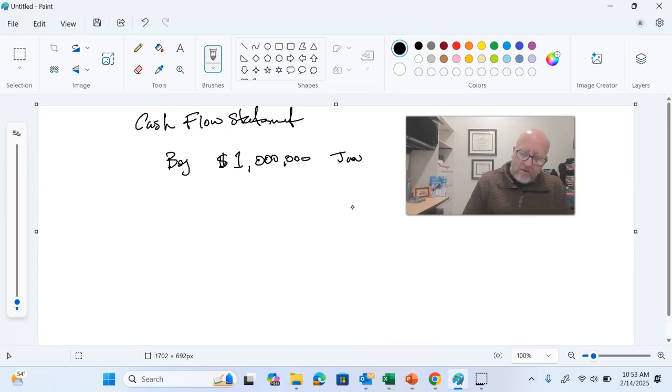And then on December 31st, I could have an ending balance of $1. Brutal. Started with a million, ended with $1. Most investors are going to look at this and be like, what are you doing? This is crazy. However, it may not be so bad, right?